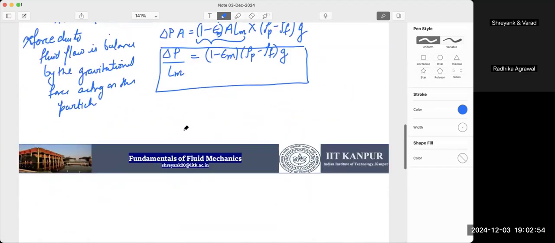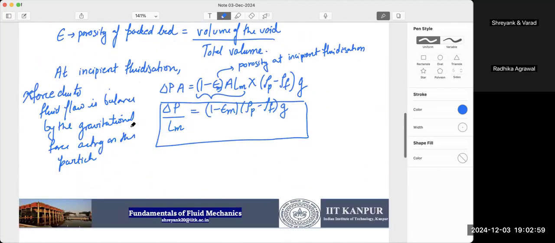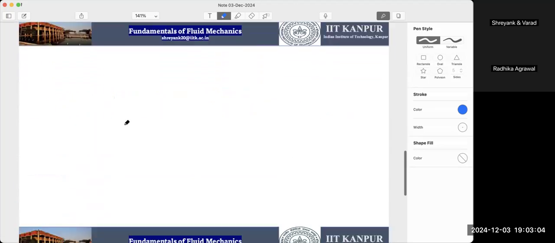Now our objective is to find V naught m, that is the velocity at minimum fluidization, and for that we have a certain relation.